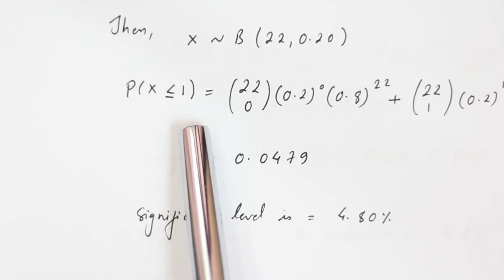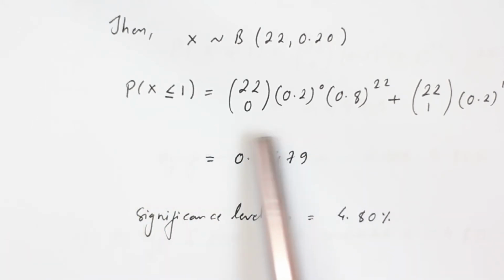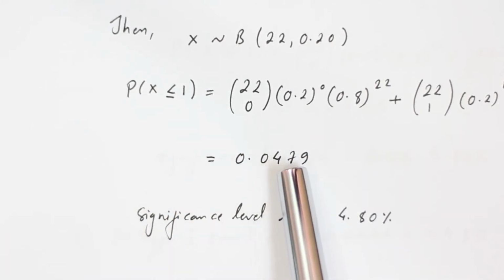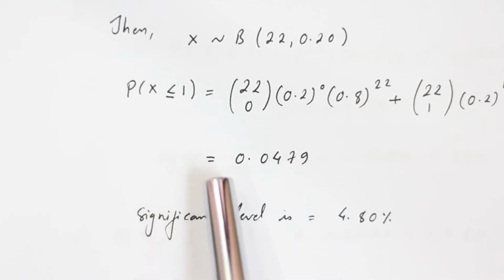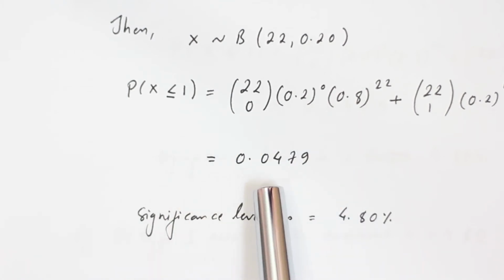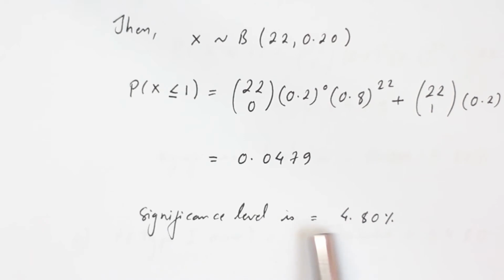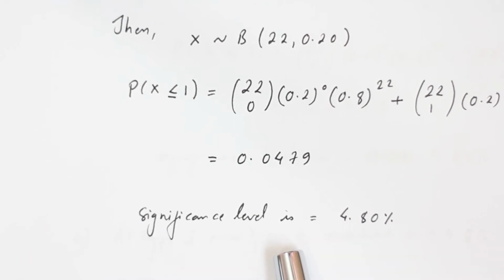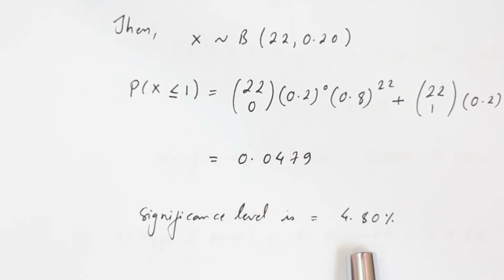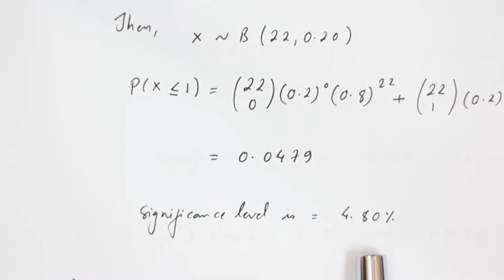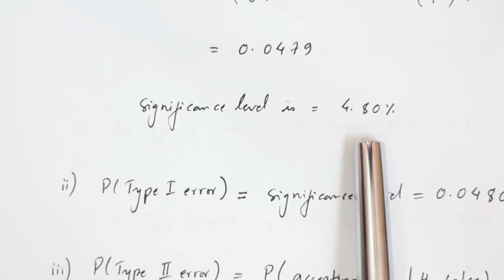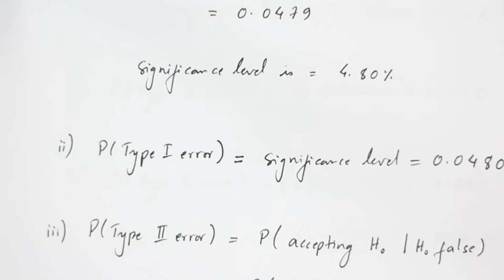So the probability of rejection of the null hypothesis is just the significance level, right? If you write it in percentage, the significance level is 4.80.